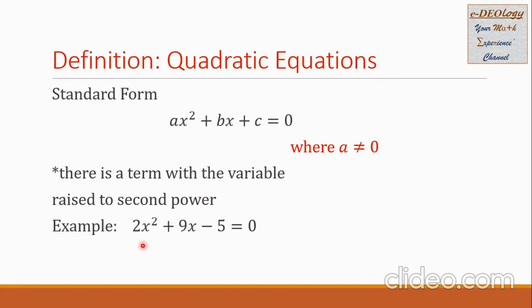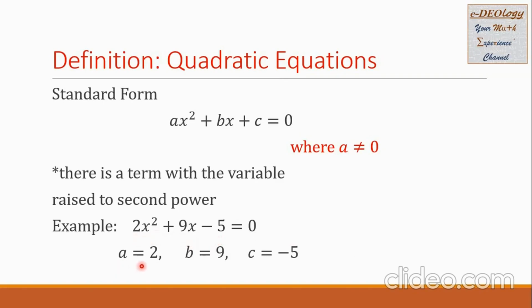Example, 2x squared plus 9x minus 5 equals 0. In here, our example is in standard form. All the terms are on the left side and it is equal to 0. Then we can collect the a, b, and c. Take note that the a is the coefficient of x squared.